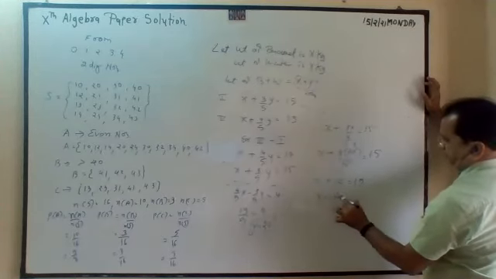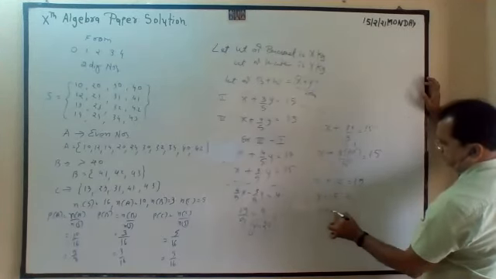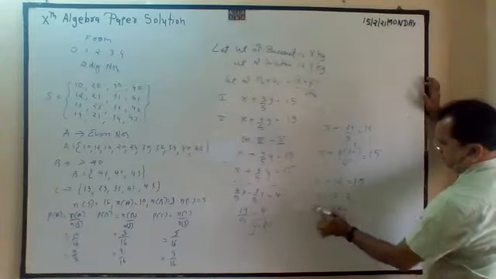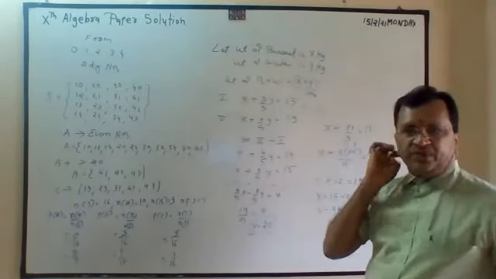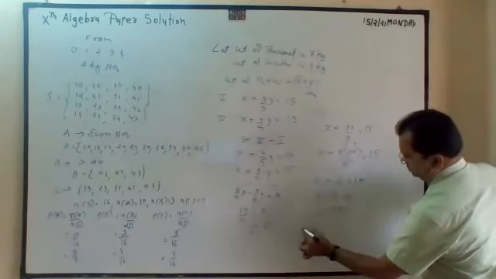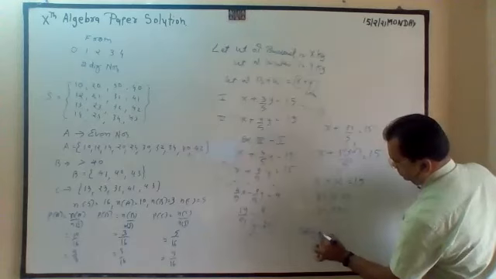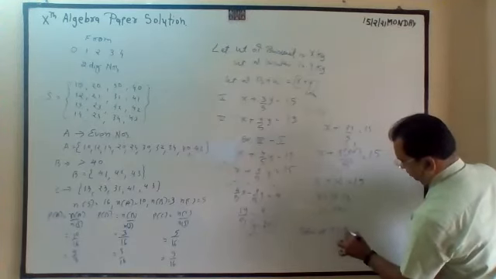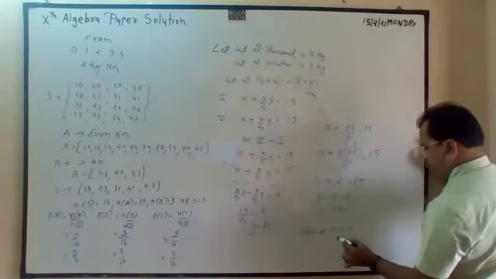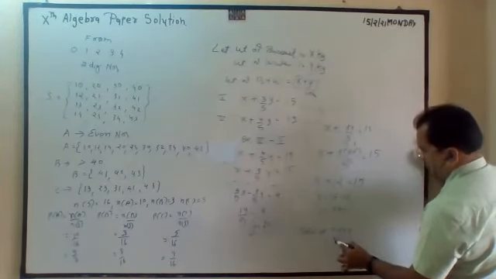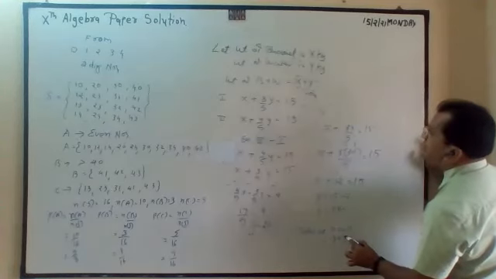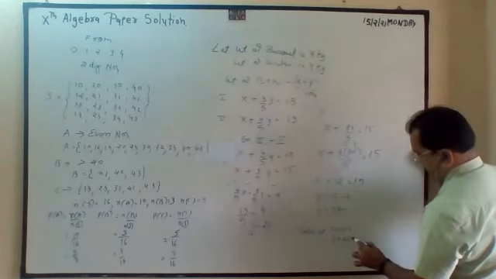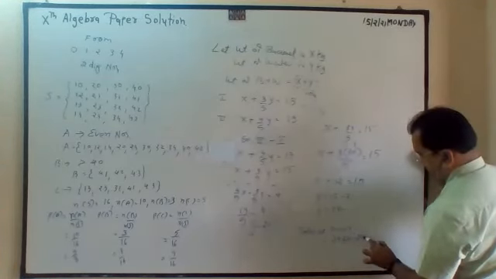So 3. We want total weight, x plus y, is equal to 3 kilogram plus 20 kilogram, 23 kilogram.